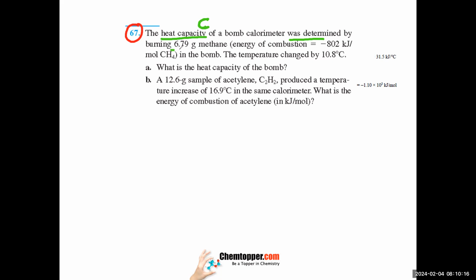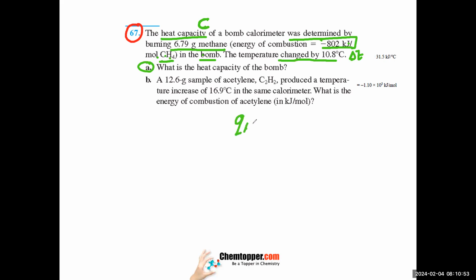By burning 6.79 grams of methane in a bomb calorimeter, delta H of combustion of this methane is given per mole. Temperature changed by this delta T. What is the heat capacity? Yes, children.